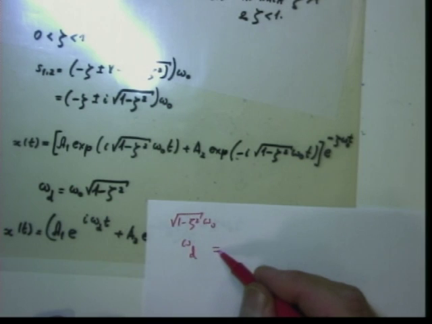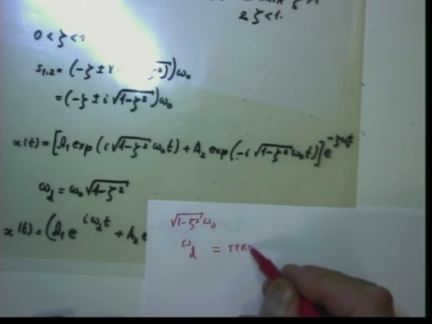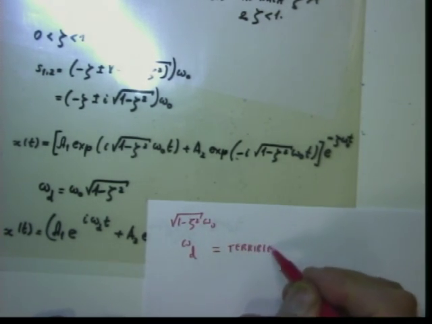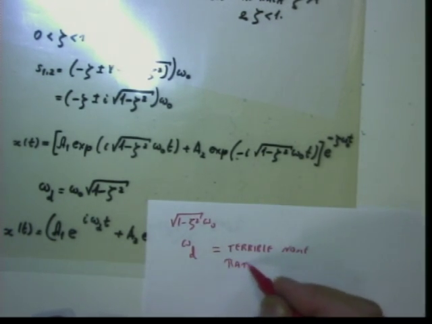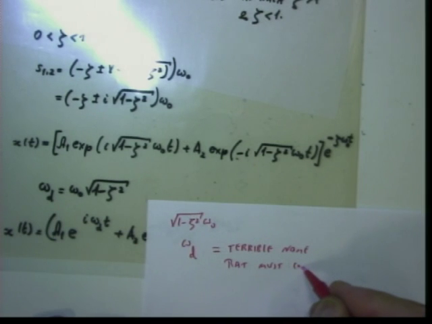And this omega sub d has a terrible name. It is called damped frequency.